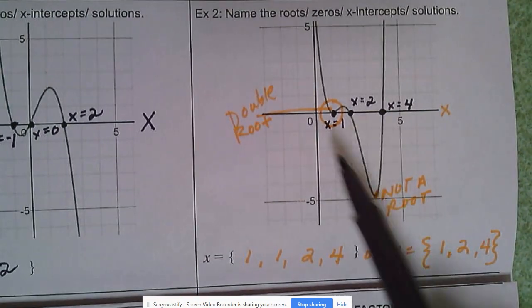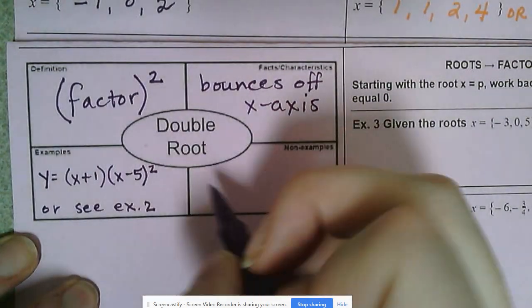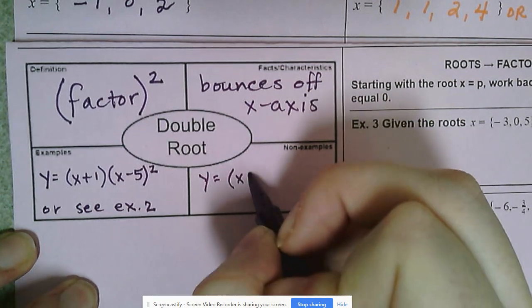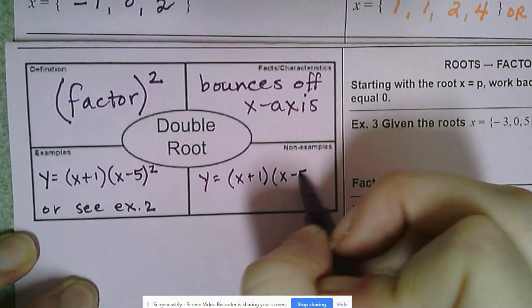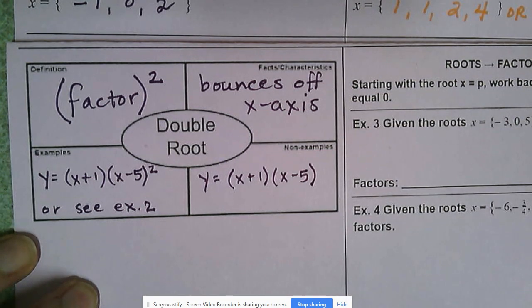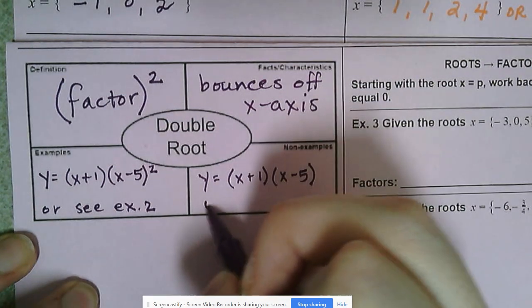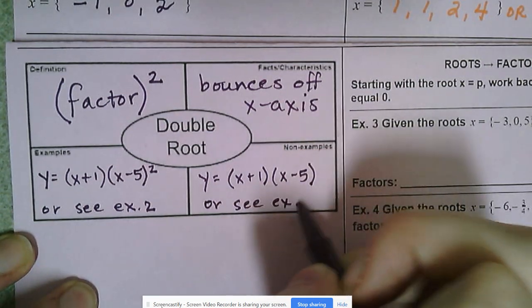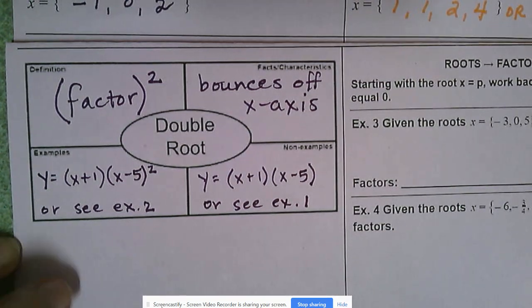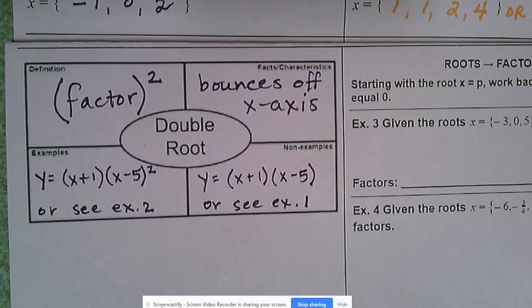A non-example would be something very similar, x plus 1 times x minus 5, except this time the 5 would not be squared. So this is not a double root. This would not bounce off the x-axis. Or you can see example 1. Example 1 had no double roots. They all just cross the x-axis, the 3 different intercepts. That helps you identify the double root and see what it looks like on a graph.